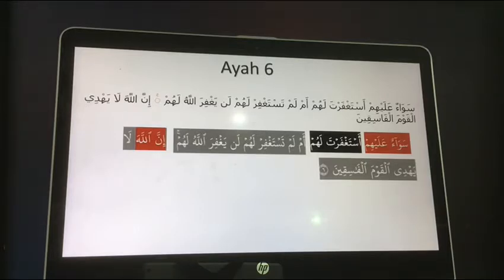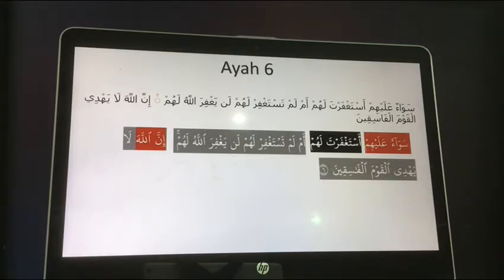But it should be istaghfarta, because we know istighfar, huwa istaghfara, hum istaghfaru, so this one should be istaghfarta, anta version. Istaghfarta is anta version. But it's astaghfarta, why the reason?